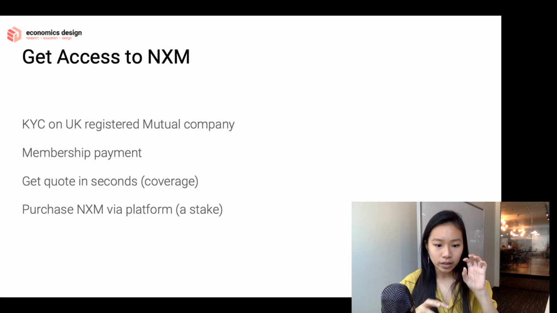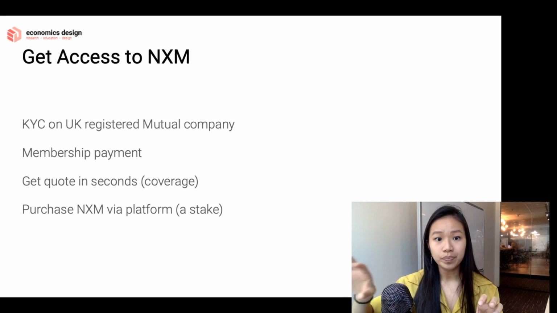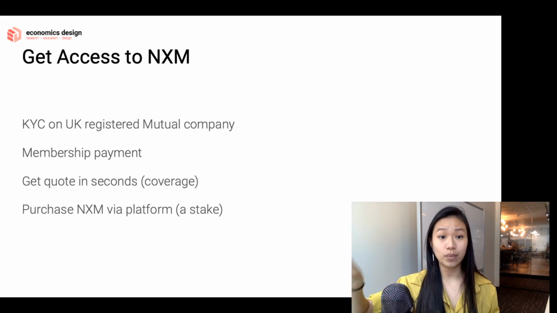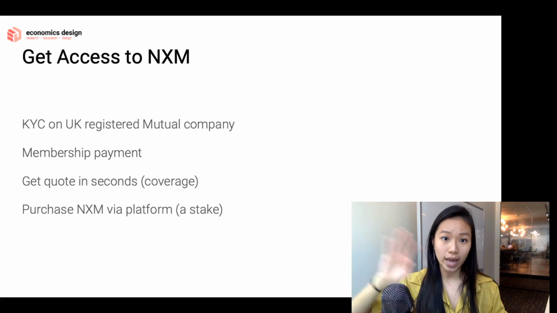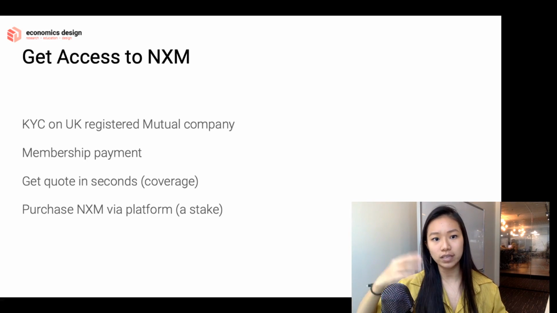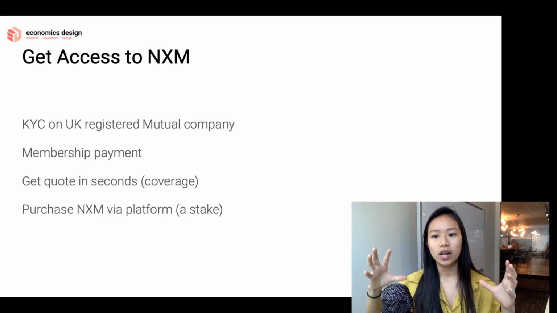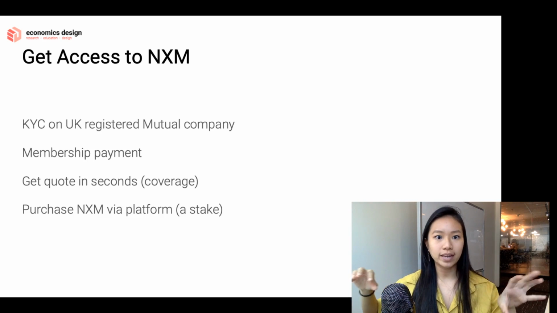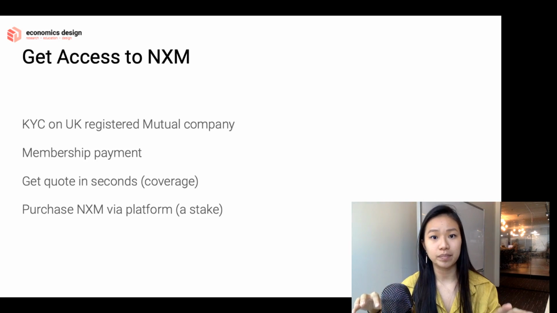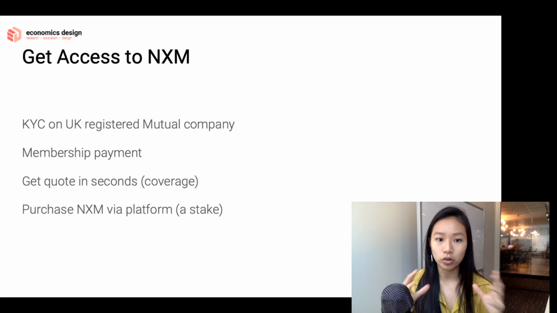You can only trade wNXM for actual NXM if you're KYC'd on the platform itself. So there's a secondary market for NXM that is not trading using NXM. That is also a very interesting economic model that we will talk about.